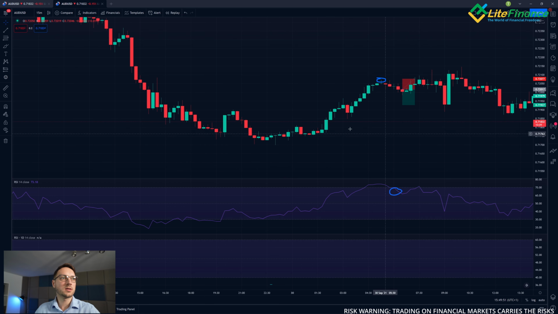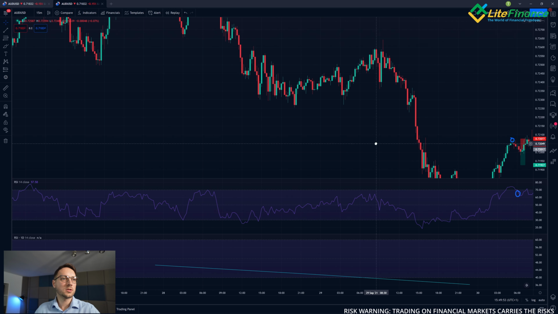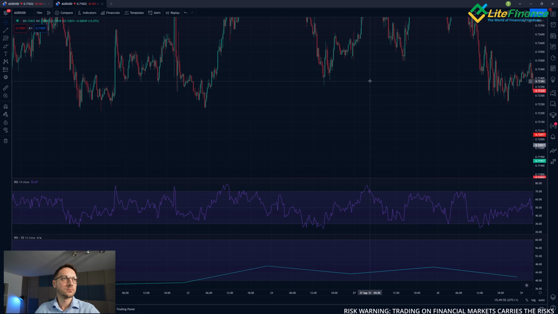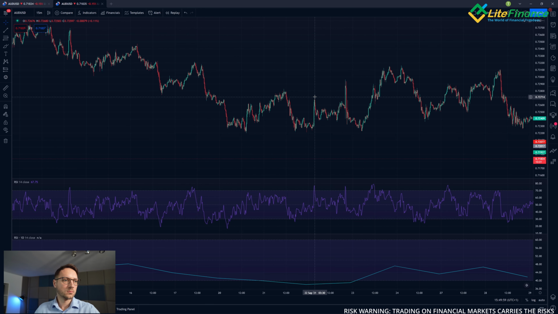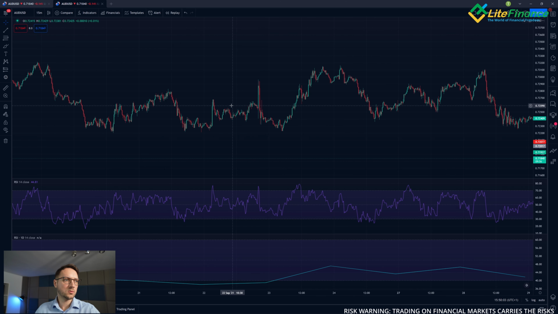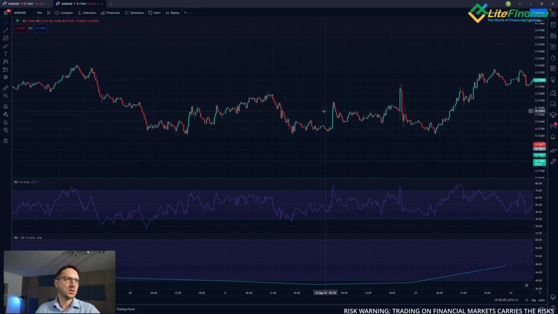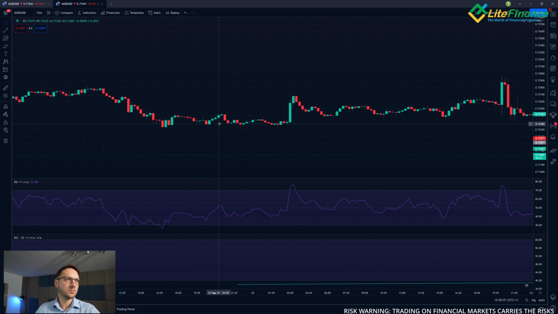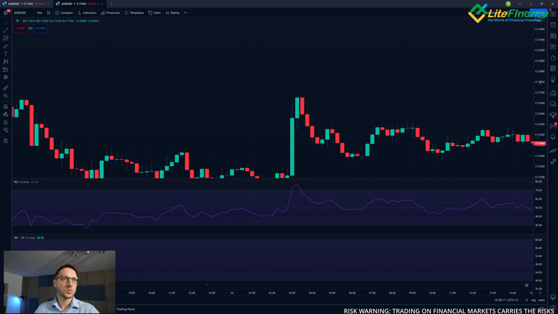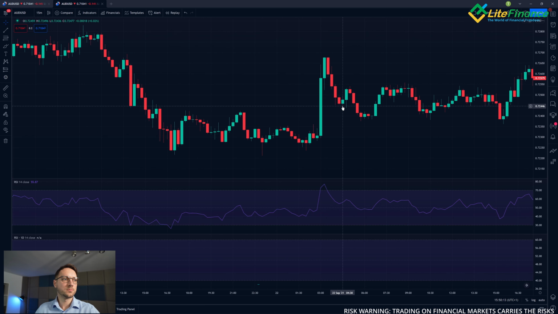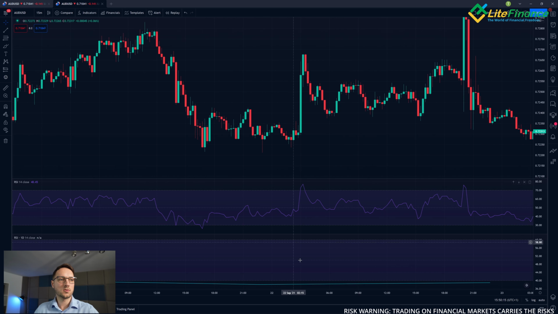Let's go back and look for another one. This one should be good. I think this one would be profitable. Okay, so we didn't have to look much further. Let's zoom out. Okay, so you see that the daily RSI is below 40.